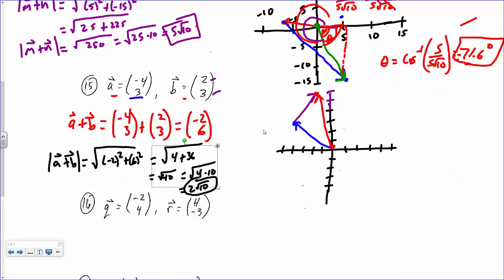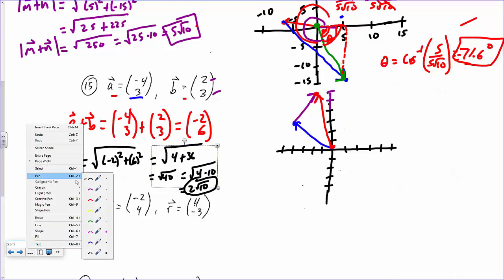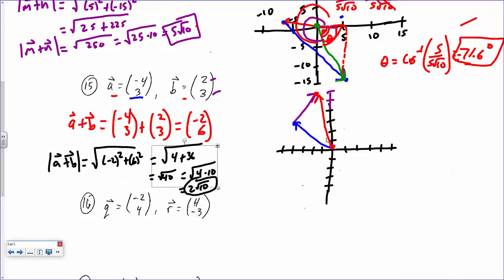Now they're going to, of course, ask you for the direction. So we have to figure out my reference angle here, which is this angle. I'm considering the components negative 2 and the other component, which is up 6.